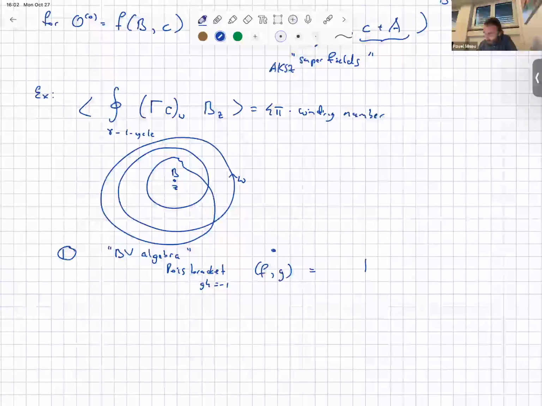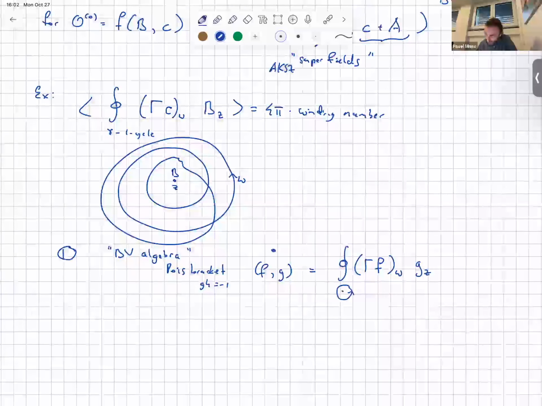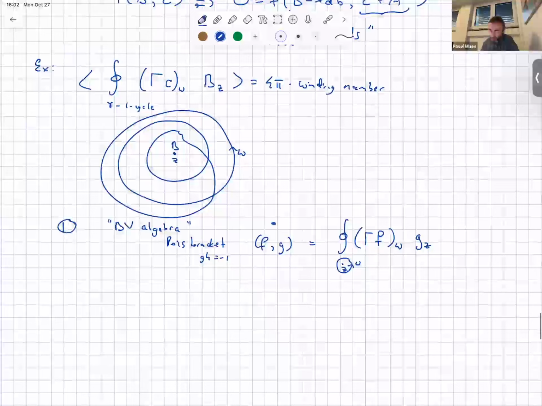I take two zero observables, I descend one of them once, put it at a point W, I don't descend the second one, and then I integrate in W over a little circle around Z. That gives you a Poisson bracket.